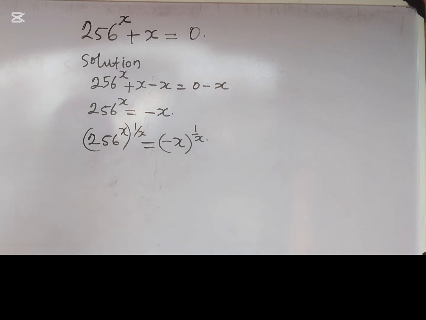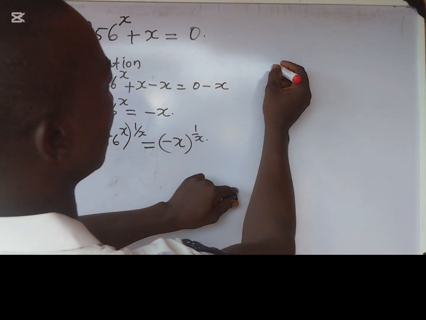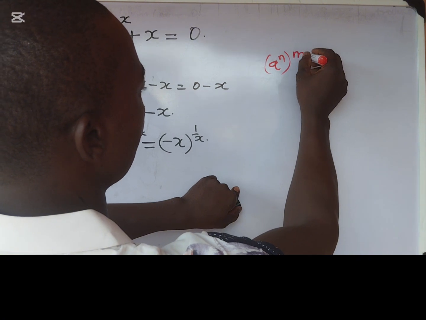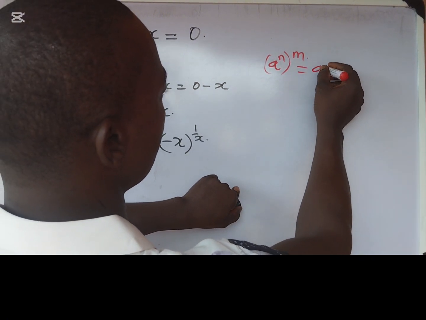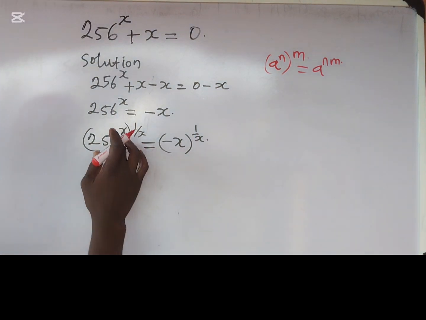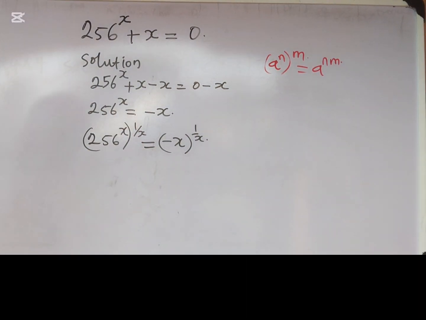In indices, a raised to the power of n, raised to the power of m, is the same as a raised to the power of n times m. So we're going to apply it here.